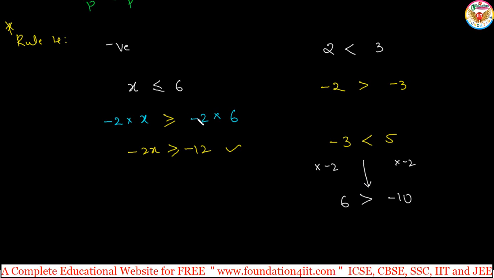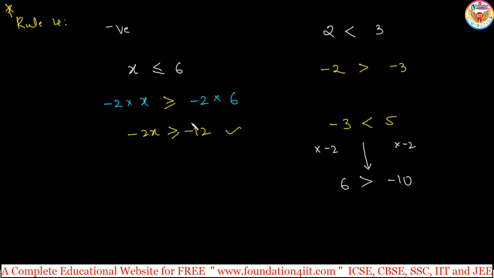Okay, it's an important rule. When we multiply by a negative, and not only multiply but even divide, both sides, the inequality sign should be changed. This is the rule we need to apply.